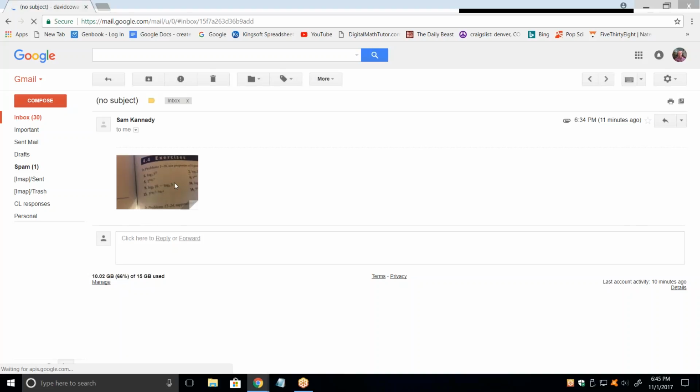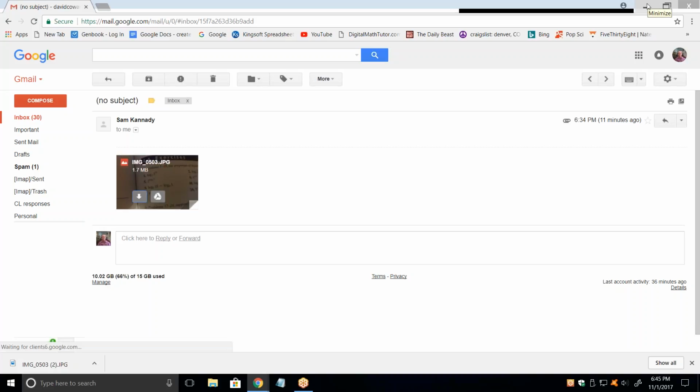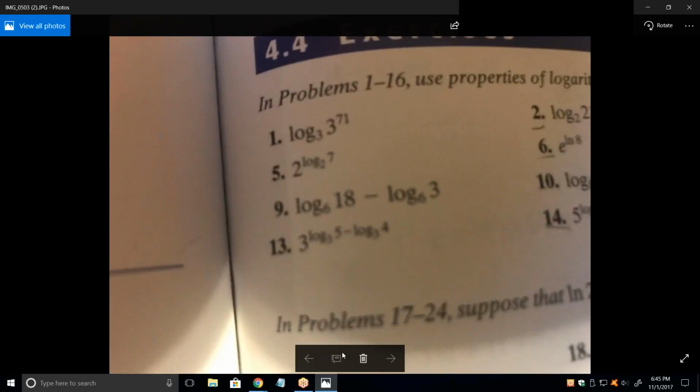Maybe. There it goes. See if I can reopen it. Everything seems to have slowed down tremendously on my computer. I cannot scroll horizontally on that.